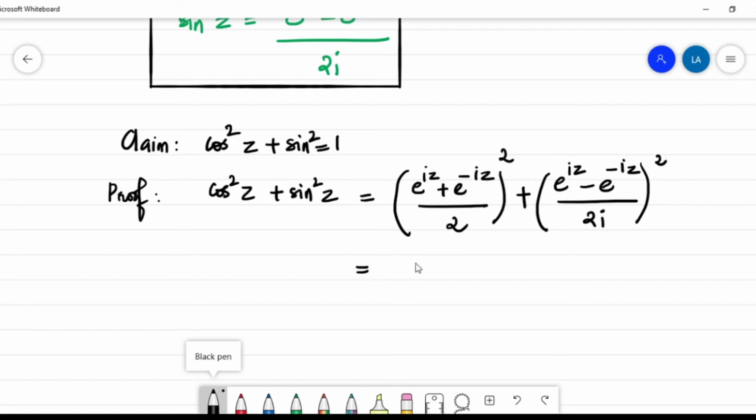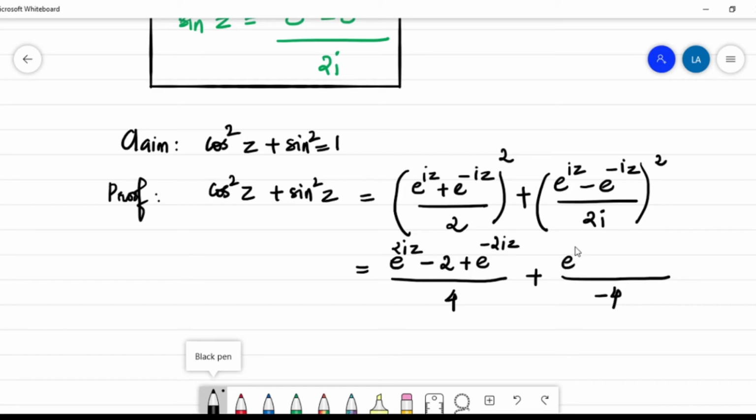When we are squaring, in the denominator I will be having 4 here, and here in the denominator I will be having minus 4. So this will be e raised to 2iz plus 2 plus e raised to minus 2iz, and here I have e raised to 2iz minus 2 plus e raised to minus 2iz.